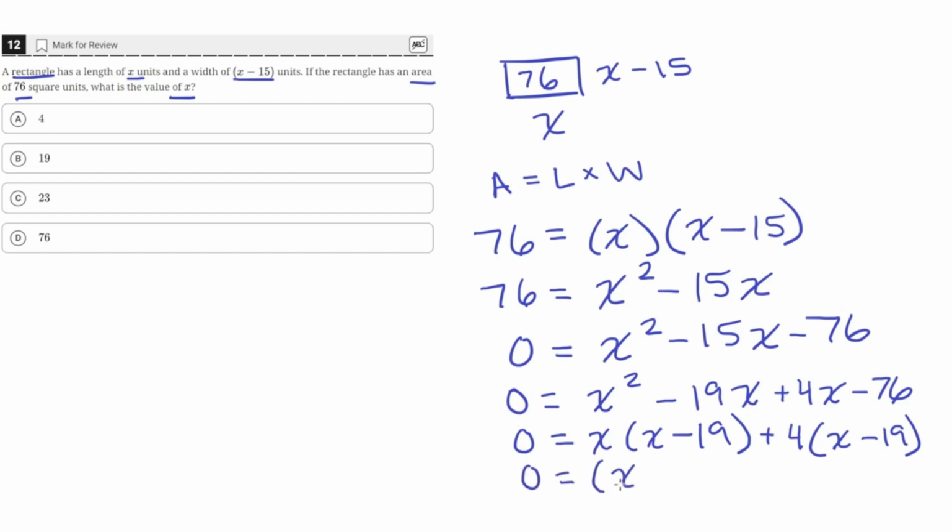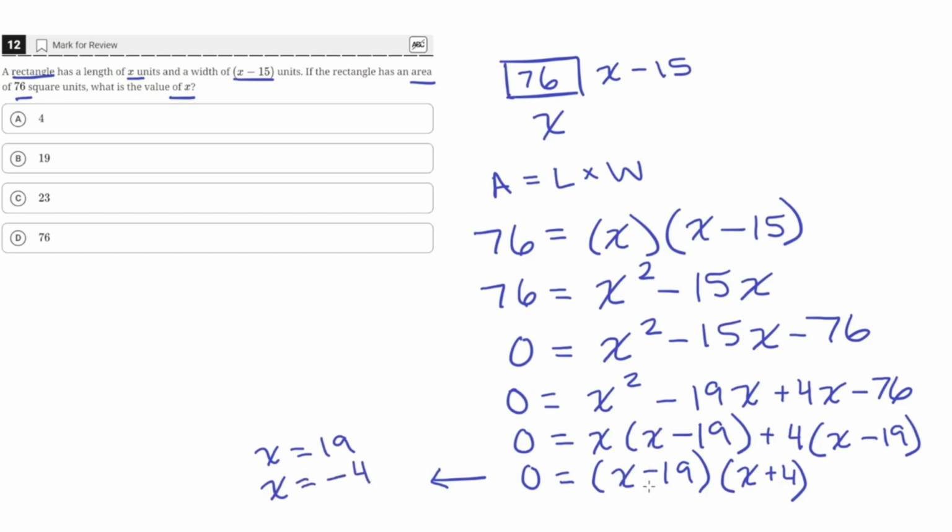So x minus 19 times x plus 4. Okay, and then we'll have two solutions to this equation. So x will equal 19, or x equals negative 4.